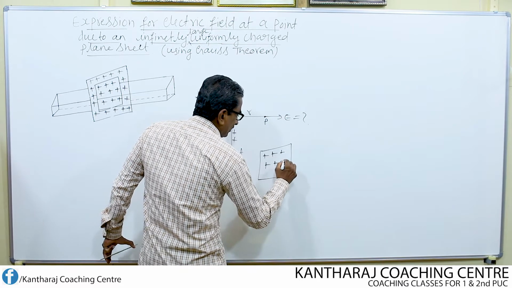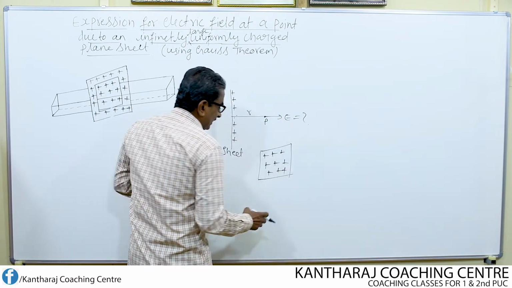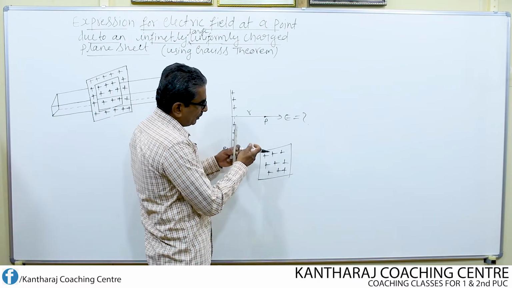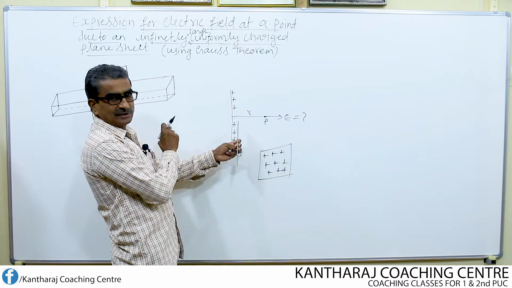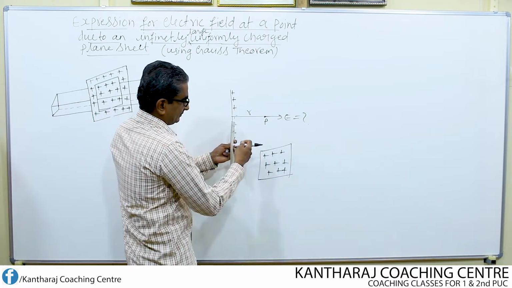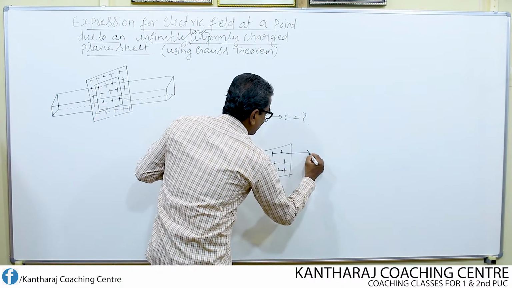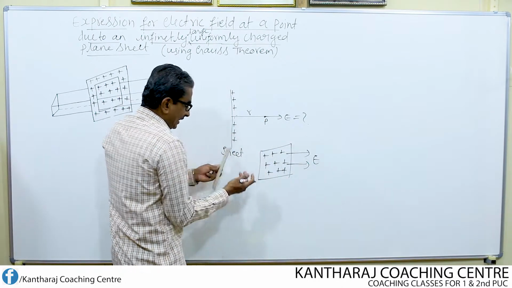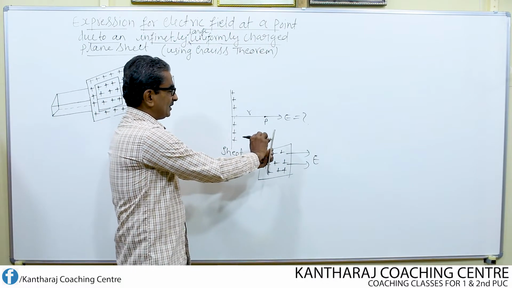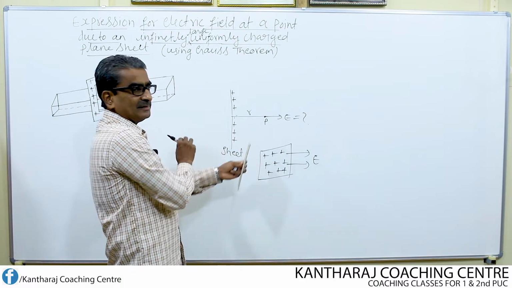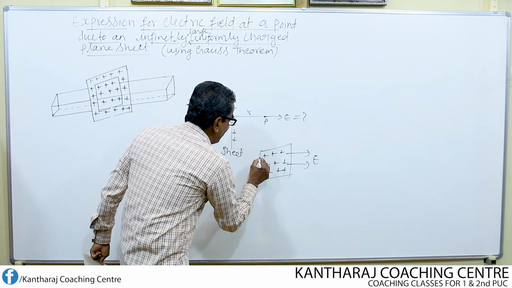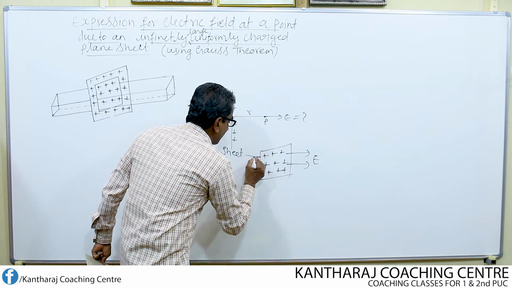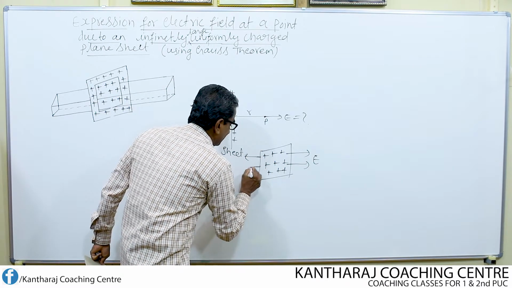It is charged on either side. The electric field both on this side and also on this side will be like this. This is how the direction of the electric field is from this side, and even from this side also it will be like this. All electric field lines are found to be parallel to one another like this.